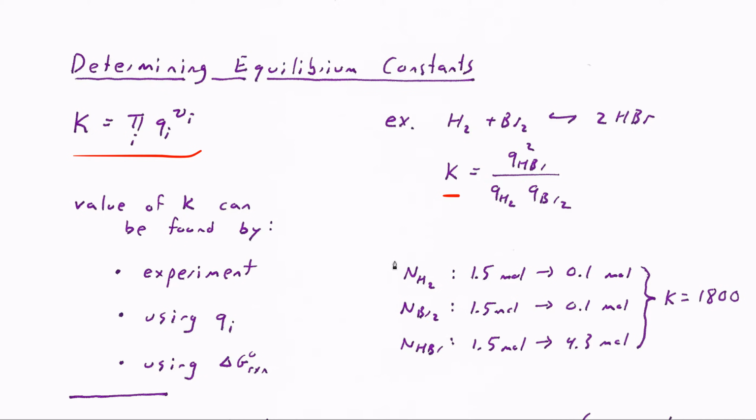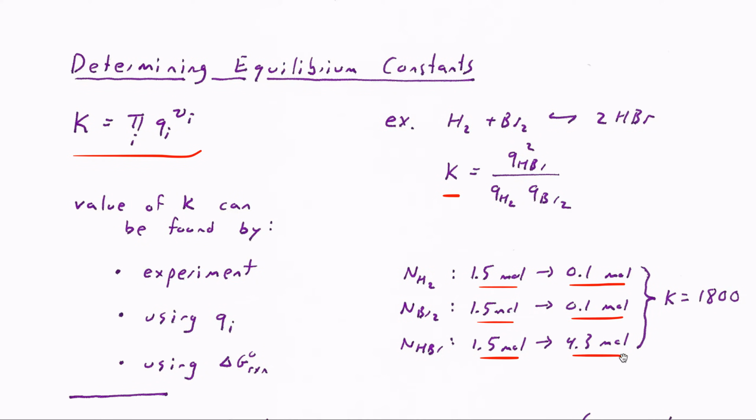For example, one of the examples we've worked before, if we do that in reverse, let's say we don't solve for how much the H2 Br2 reaction will proceed in order to reach equilibrium. Let's say we just throw 1.5 moles each of H2 and Br2 and HBr into a container, let them react how they want, and then measure when we're done that there's only 0.1 moles left of H2 and Br2, and they've converted into a total of 4.3 moles of HBr.